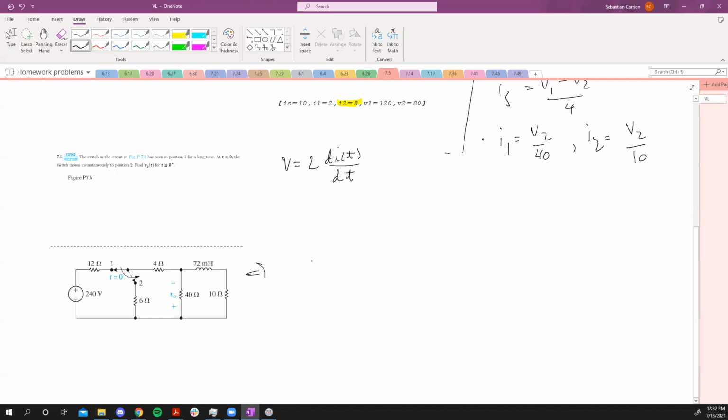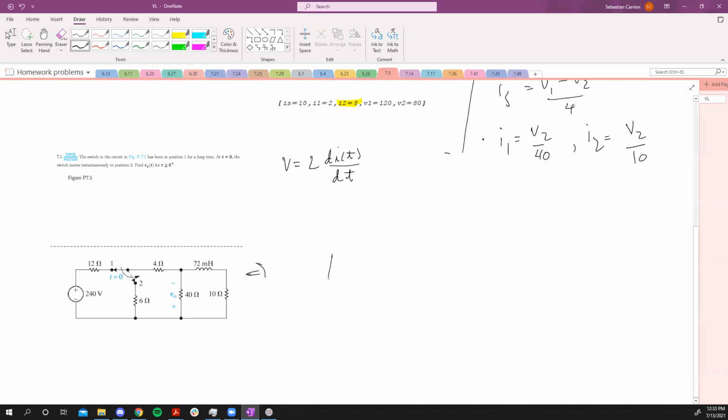So now this circuit looks like this. Sorry, I completely ignored the left side.